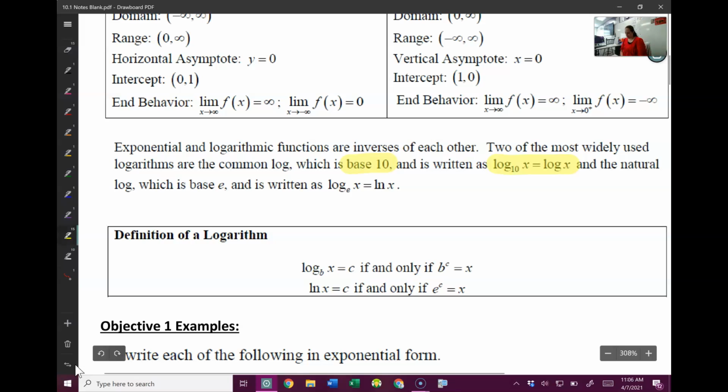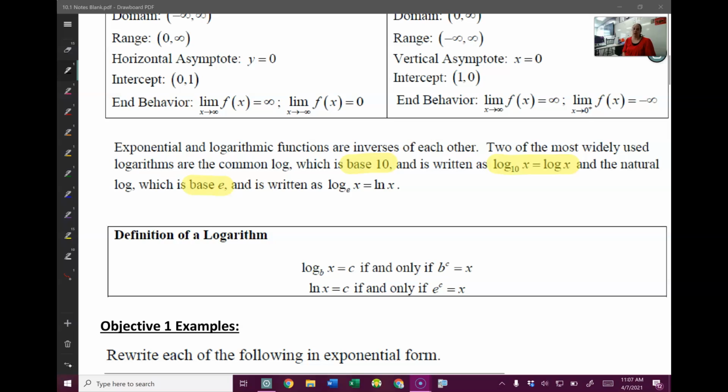The other one we want to talk about is base E. Now, E is just a number, kind of like pi, 3.14159265. It's a number that goes on and on and on forever. And it came up so often that mathematicians gave it a name instead of actually writing out the number every time. Well, E is the same thing.